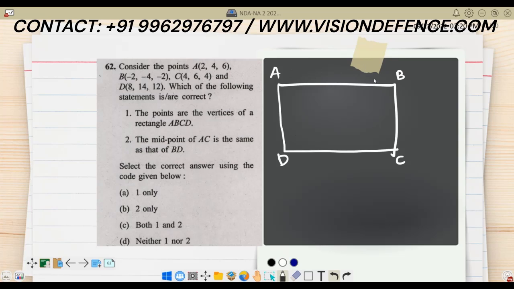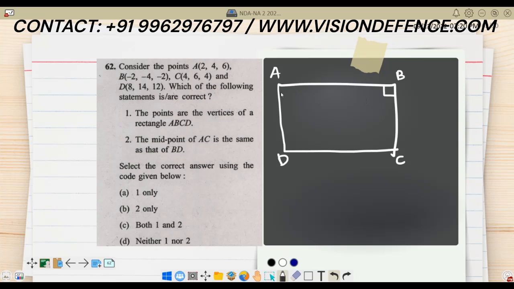So we know the coordinates. To find if it's a rectangle, we should find whether these two lines are perpendicular, and then if opposite sides are equal. I think the easy way would be to check if these two lines are perpendicular, right?